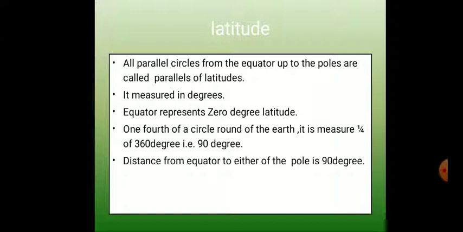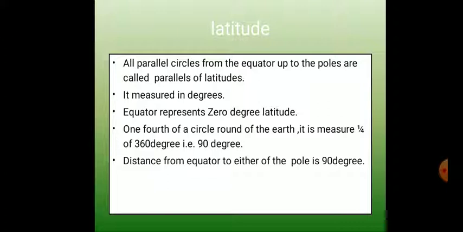And in mathematics we have already learned that a sphere is of 360 degrees.